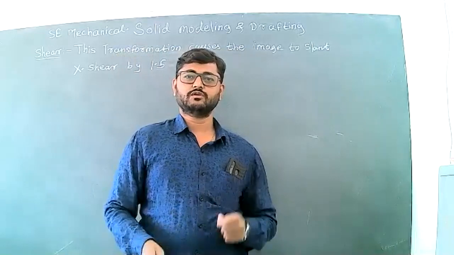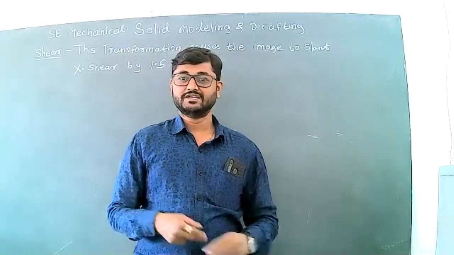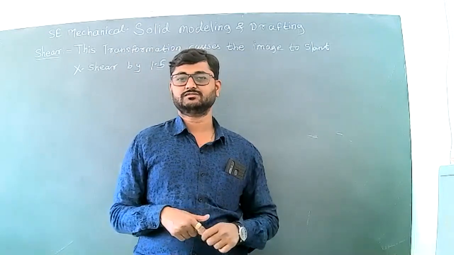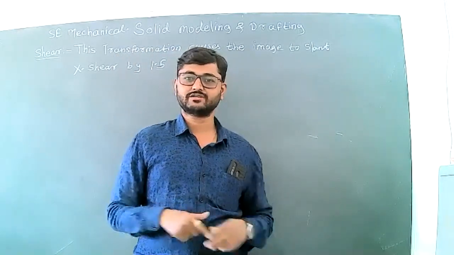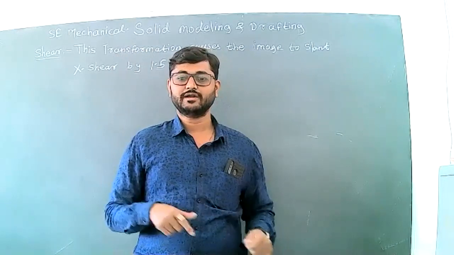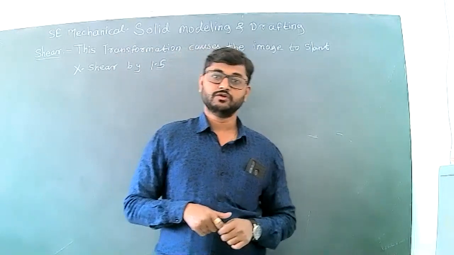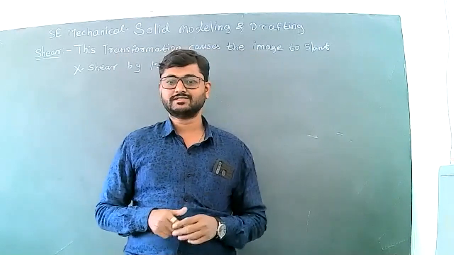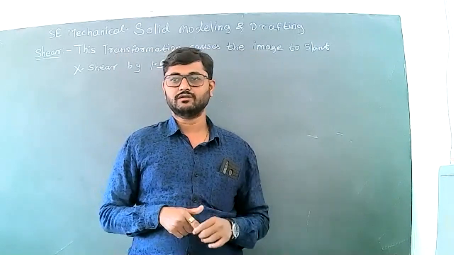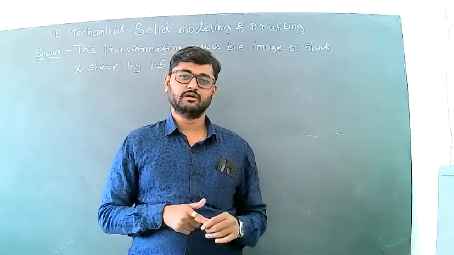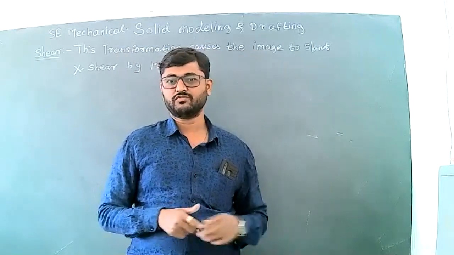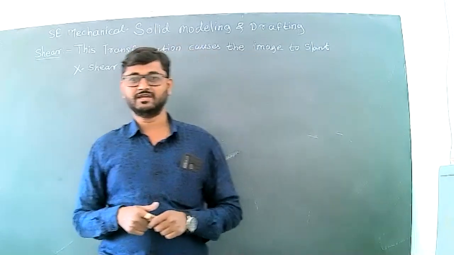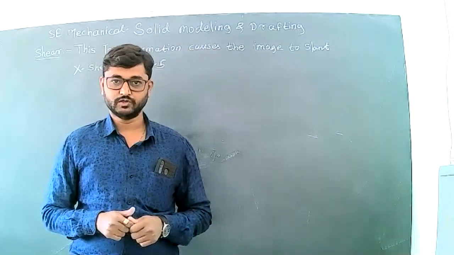So, students, first of all, what is meant by shear? Shear is the transformation that causes the image to slant either in the x direction or in the y direction. In the previous lecture, we covered the y-axis shear, taking a simple example of y-axis shear by 1.5, that is, the amount of shear is 1.5.